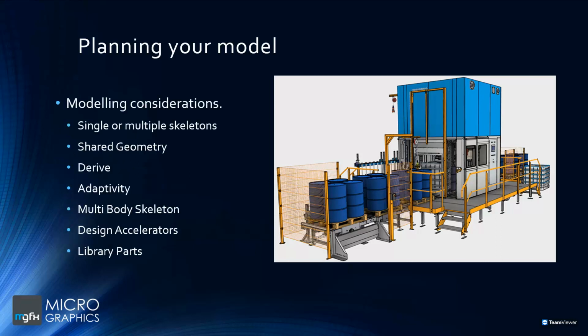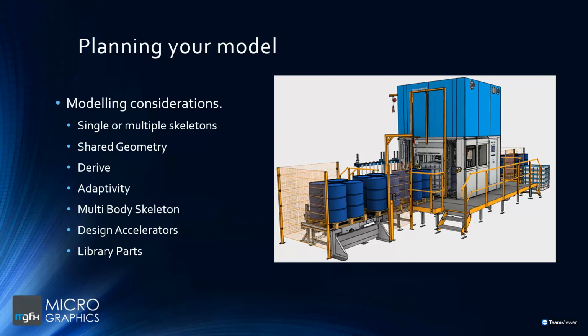One thing to also look at with planning is your modeling considerations. How are you actually going to design this up? Are you going to use a single skeleton file? If we look at this assembly here, we have the conveyor belt, we have a platform, we have that packaging machine which has the blue upper section, the white lower section. Are we going to try and put all of that information into a single reference or skeleton file?